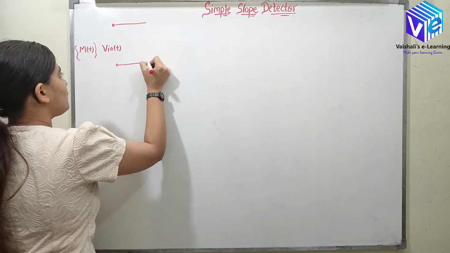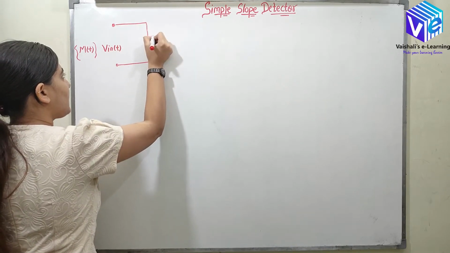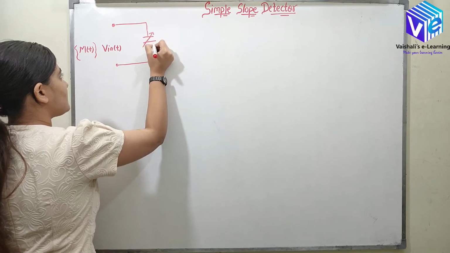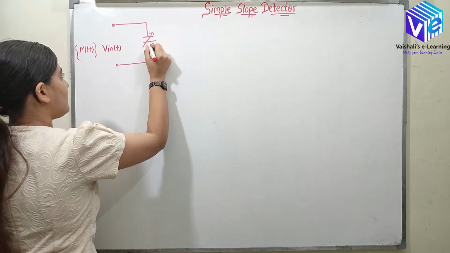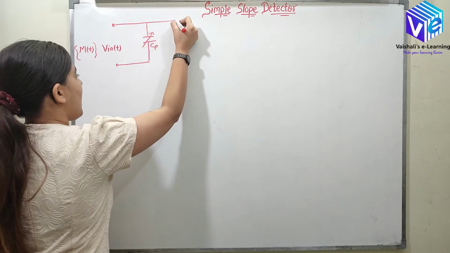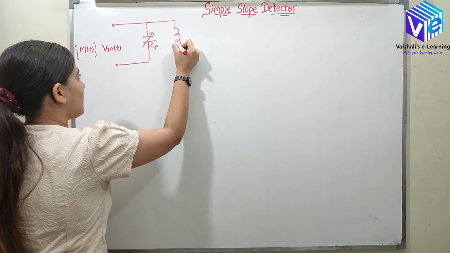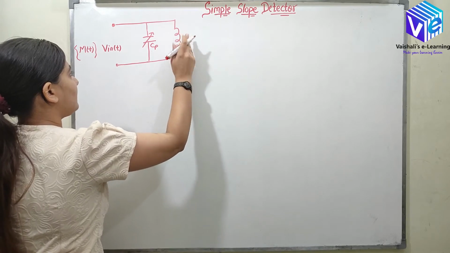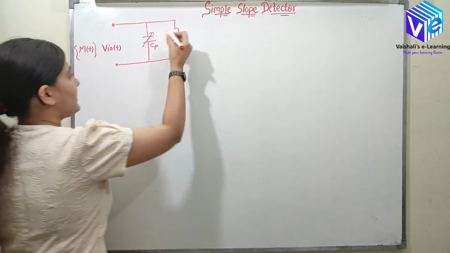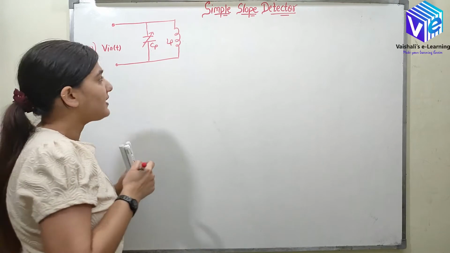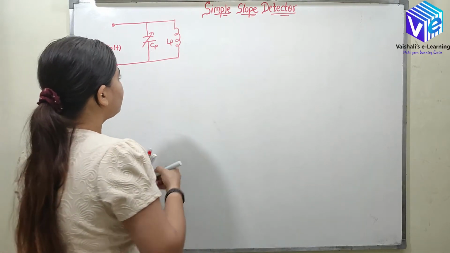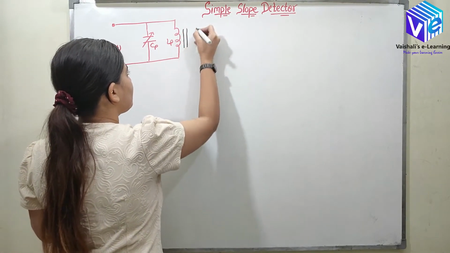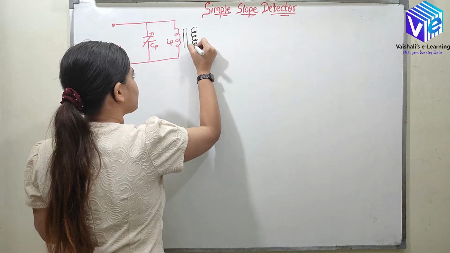Now this input of the circuit is connected to a tank circuit. This is C_P, primary, I am taking it, and this is L_P. So this is my first tank circuit. This is the primary tank circuit, and why I am calling it primary, that also I will discuss.